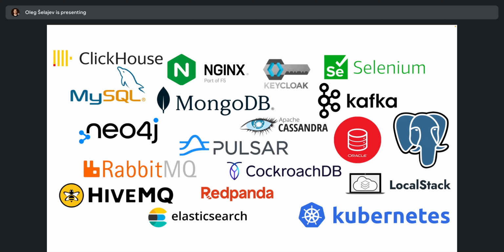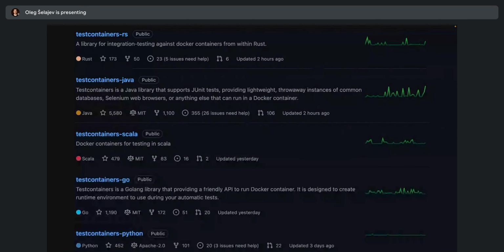And so, as I said, the implementations are in different languages. So if you don't like Java, you can look at the API, you can look at the basic concepts that I'm going to show in a minute, and then there are libraries that are idiomatic in the particular languages. So, for example, there is Testcontainers Node that is fully async first, that is written in an idiomatic JavaScript API.